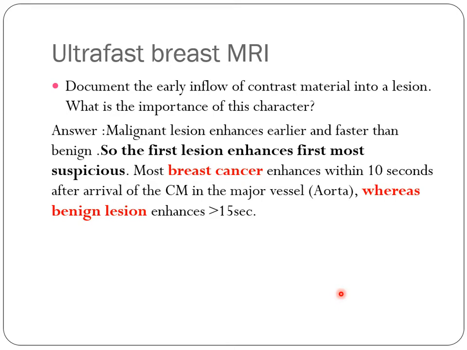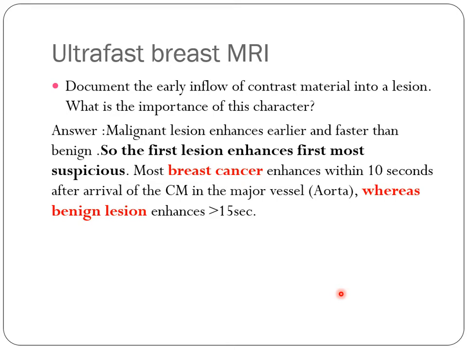Ultra-fast breast MRI, as I told you before, can be done only with machines having 3 Tesla field strength. It documents the early inflow of the contrast material into the lesion.